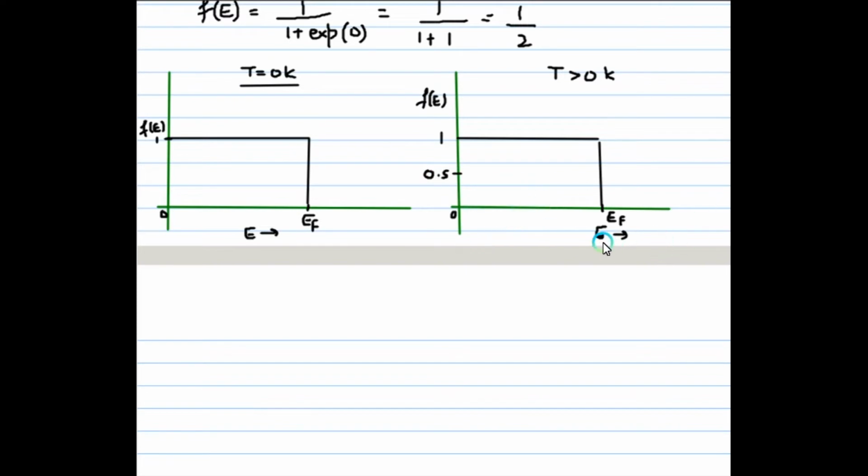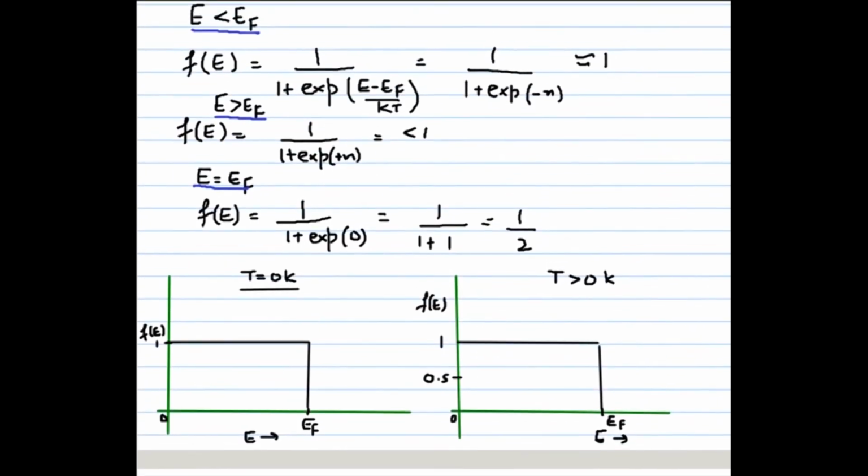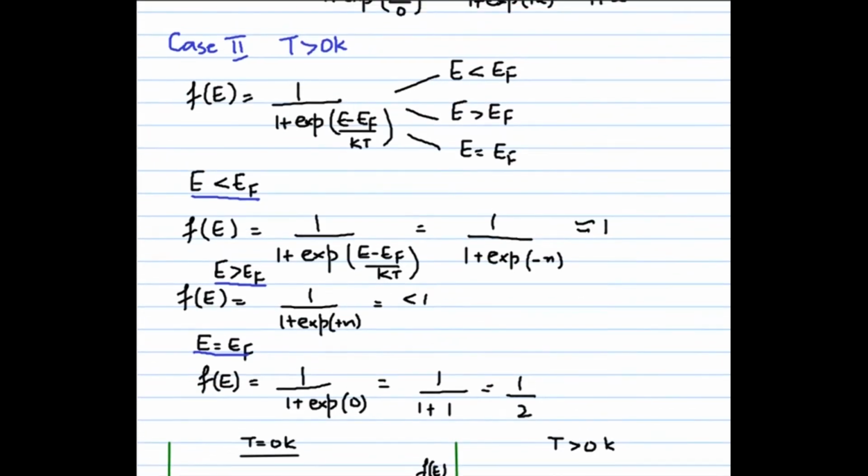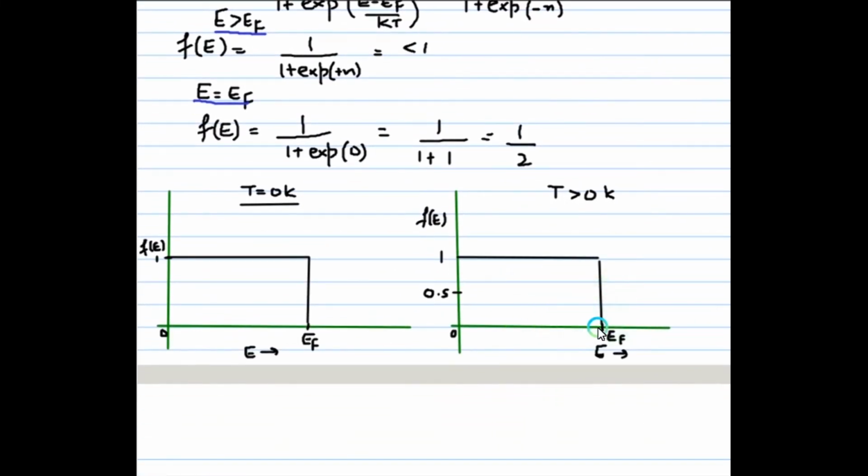Now what does the mathematical analysis say? It says that for temperature greater than 0, when the energy E is less than EF, our Fermi function is almost equal to 1. When it is greater than EF, it is less than 1, and when it is equal to EF, it is 1/2. So 1/2 is this line. This point from here is E less than EF, and this side is E greater than EF.